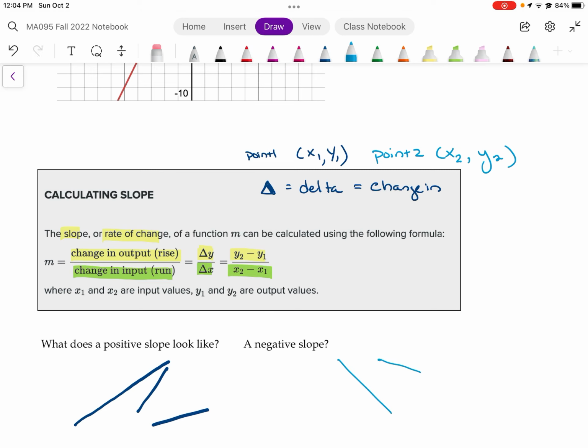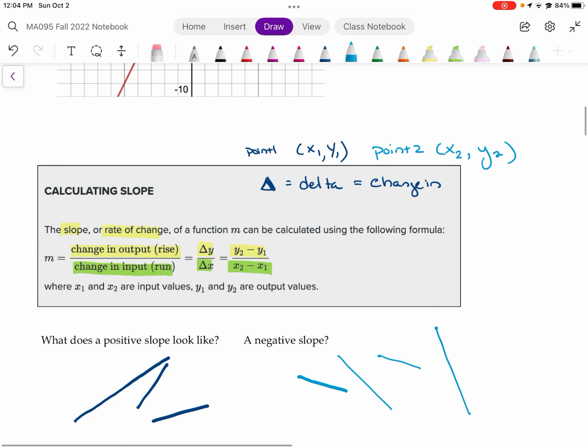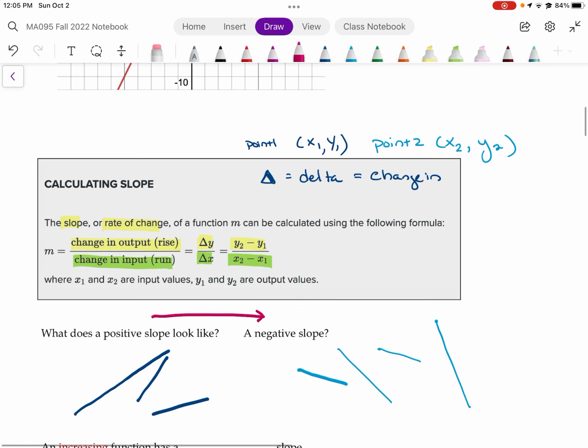Or it can be even just a little bit more than horizontal, or it can be really steep, but it's going downward. So if I was moving left to right, think about, am I going uphill or downhill? You always want to be moving left to right, from smallest to biggest on the x-axis, and think about, am I going up or down?